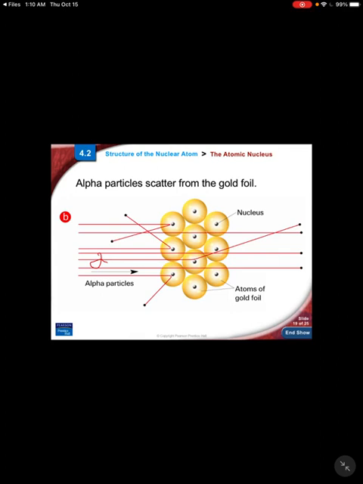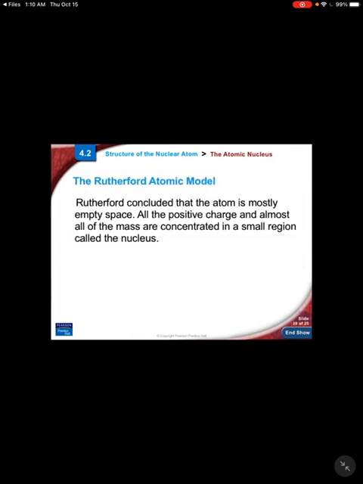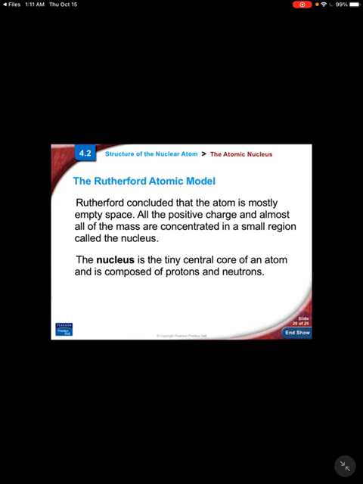So, this is the model we use today, and that is what we call the nuclear model of the atom, or Rutherford's nuclear model of the atom.